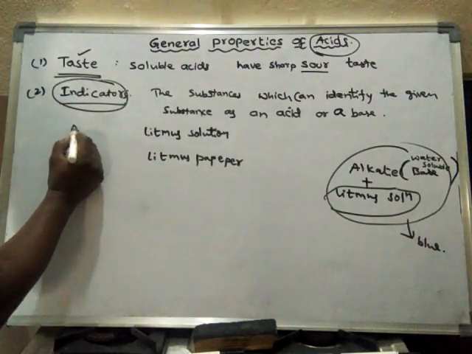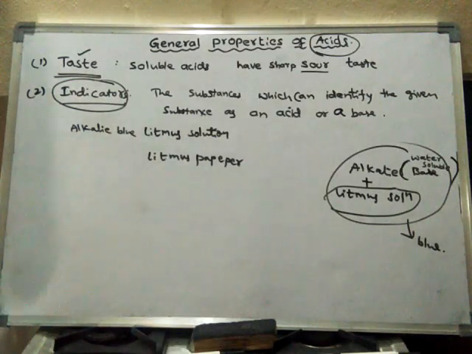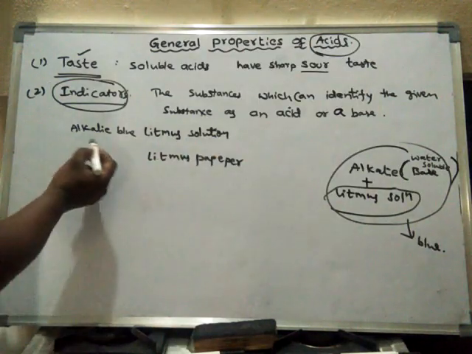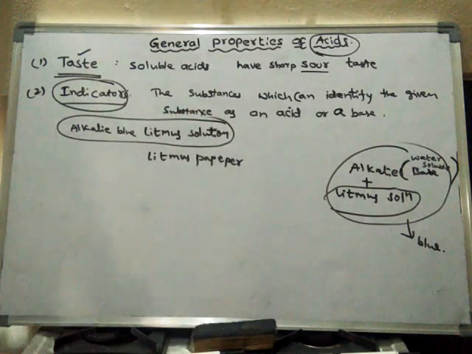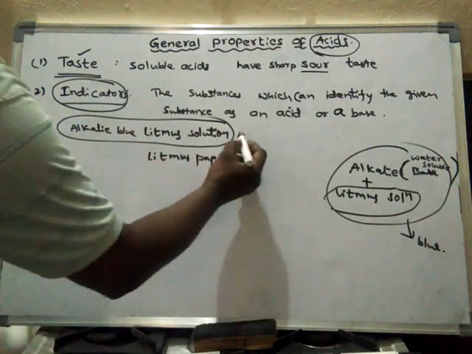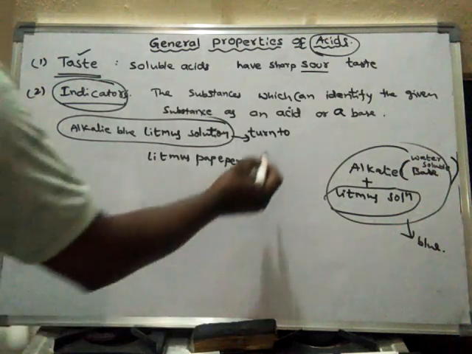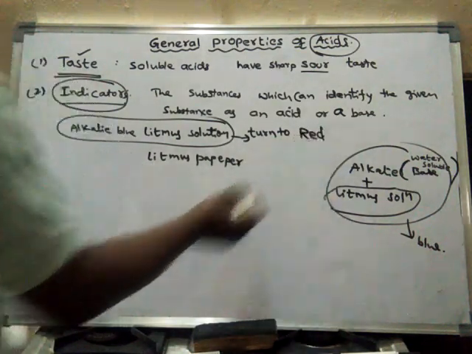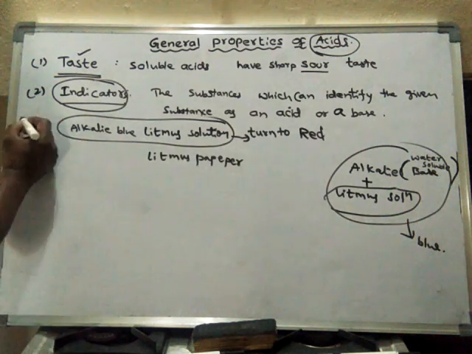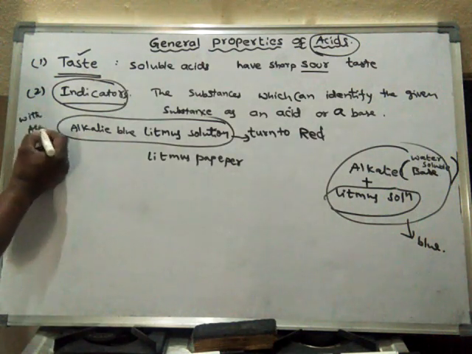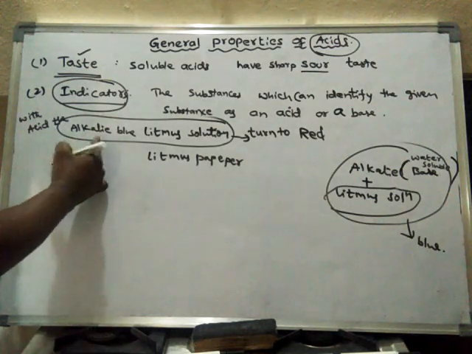The alkaline blue litmus solution, when reacted with acids, will turn to red color.